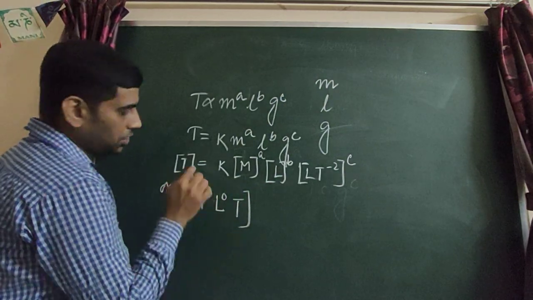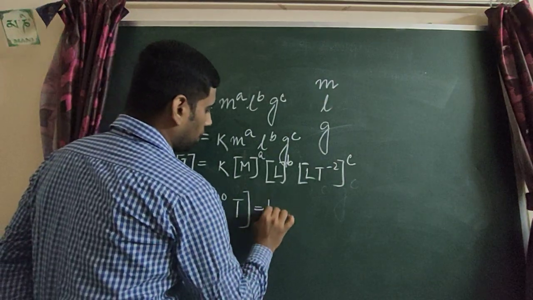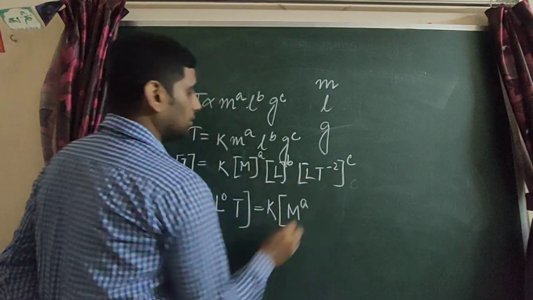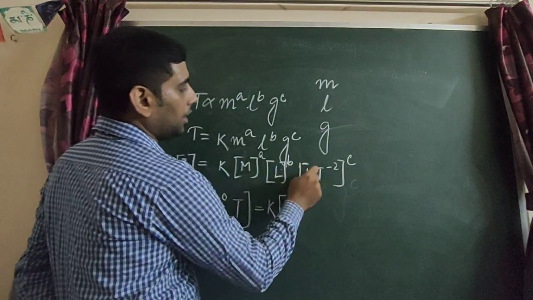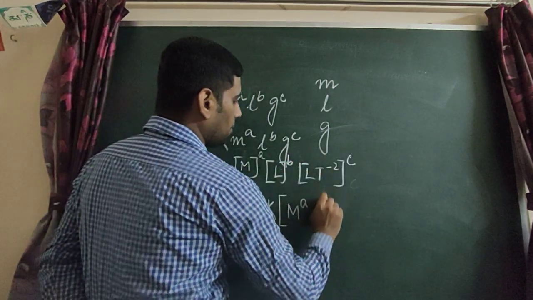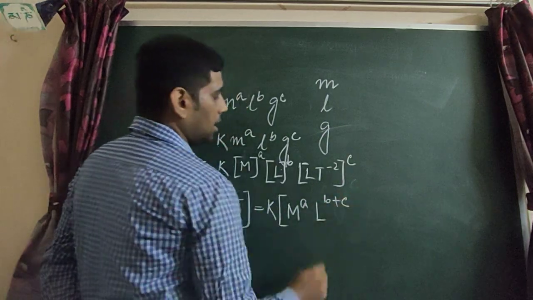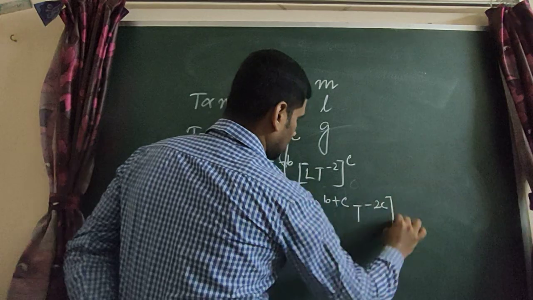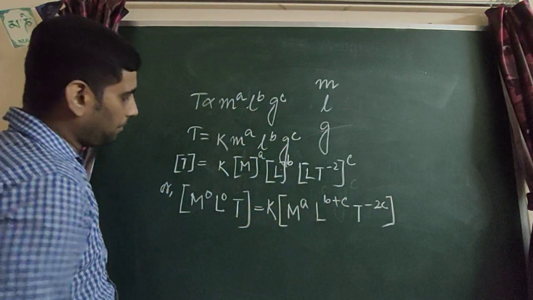So what remains is T equals to K into m to the power A. Now here L to the power B and here L to the power C, so L to the power B plus C and T to the power minus 2C. So I have multiplied and written.